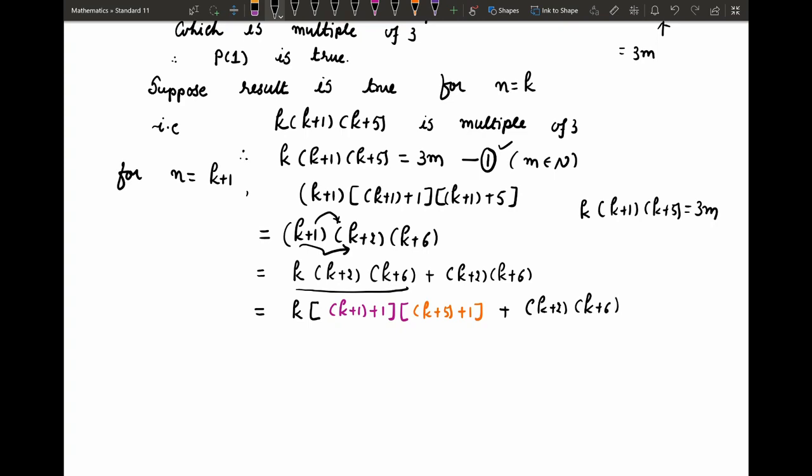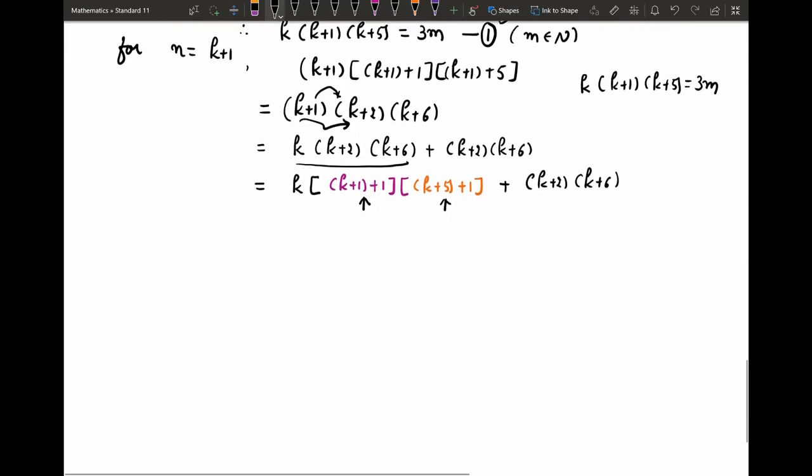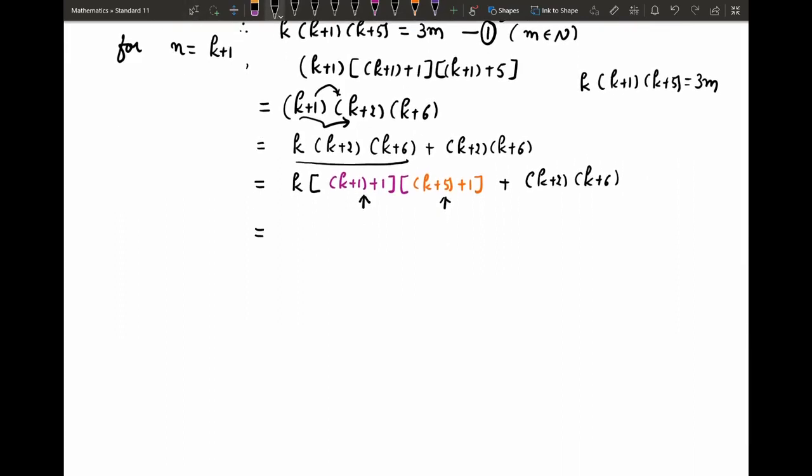So here k plus 2 we have written as k plus 1 plus 1, and k plus 6 is written as k plus 5 plus 1. Again we simplify. So this is k into k plus 1 into k plus 5. Or we write one more step to get idea.